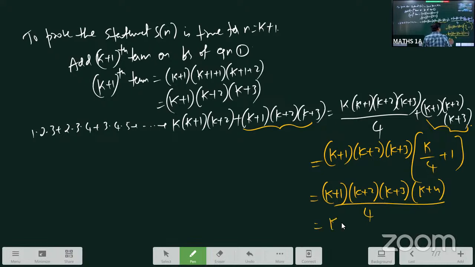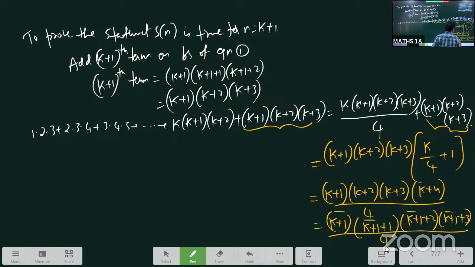Now instead of n, you got k plus 1 or not? Check it. Into k plus 1 plus 1, into k plus 1 plus 2, into k plus 1 plus 3, whole divided by 4. Is it clear?